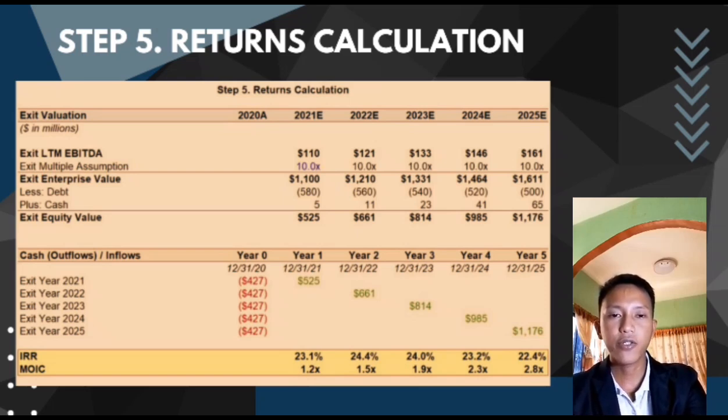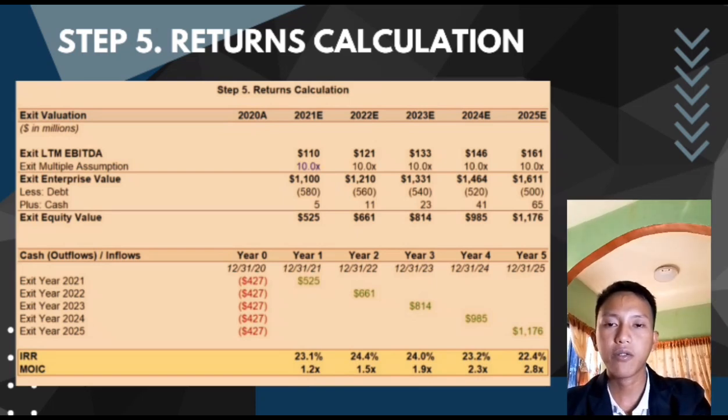And in the year 2024, 1,464 minus 520 plus 41 is equal to $985. In the year 2025, 1,611 minus 500 plus 65 is equal to 1,176. So that's all the exit equity value.